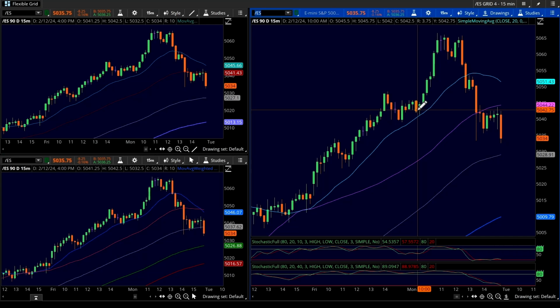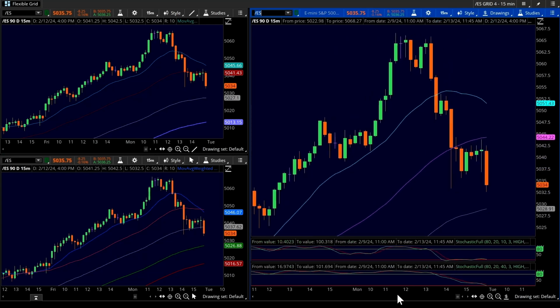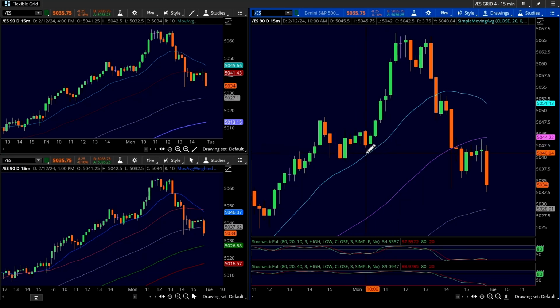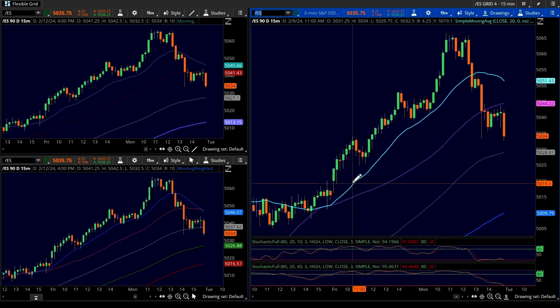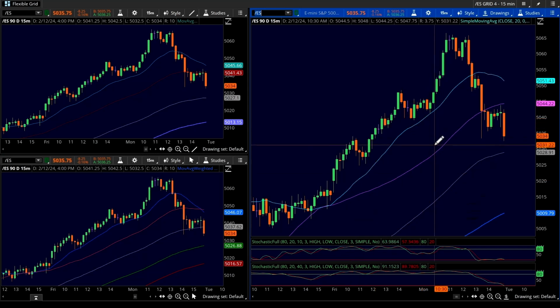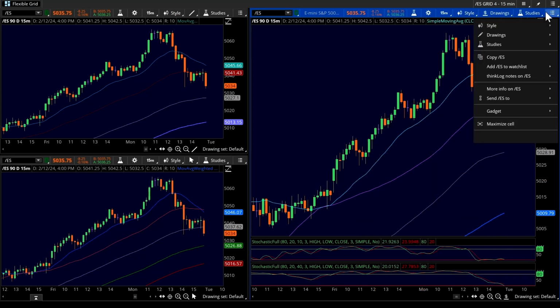So there's a lot of moving averages to look at, but the one I wanted to focus on here is this one. This blue line is a 20 moving average, and as you can see, it almost touches.